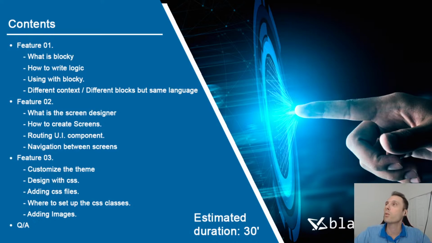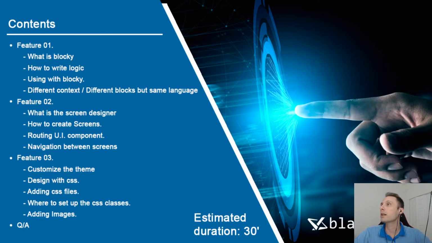So today, we are going to go over a couple of basic features that will help you get started on creating your own products. We are going to go over how to use the basic programming language we have. We are also going to go over how to create a couple of screens, how to navigate on the screens, how to use the menus and the routings for the screens.